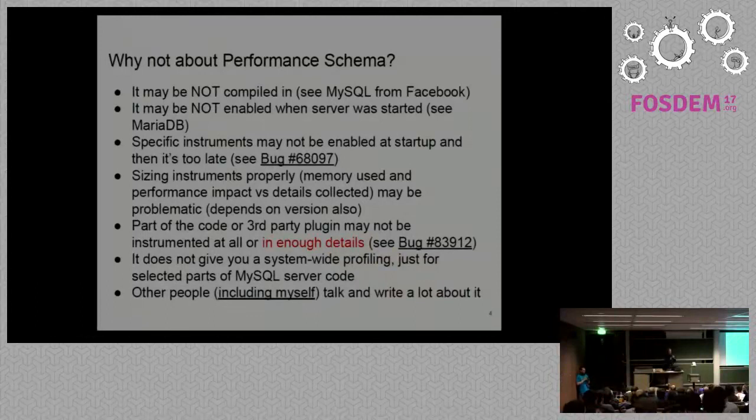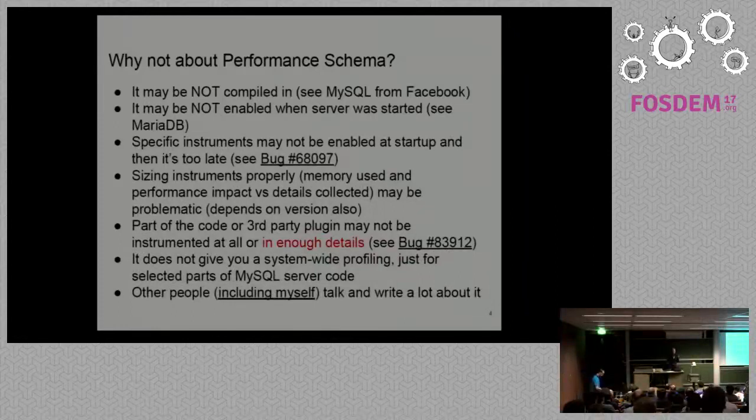You may find out that the instrument you need for your specific load was not enabled initially, and then you still need a restart. Another problem with performance schema: it stores data in memory, in circular buffers. The size of these buffers is predetermined at startup, at least in GA versions of MySQL. So if it was too small, you will find out, but it's too late, you again have to restart. So performance schema data may not be there.